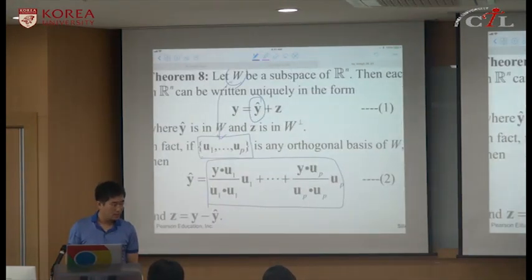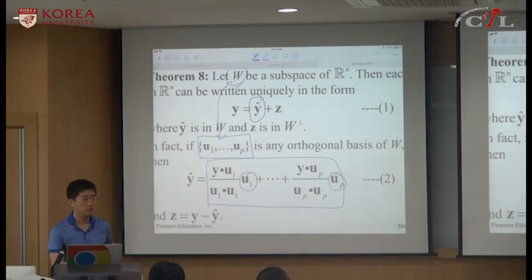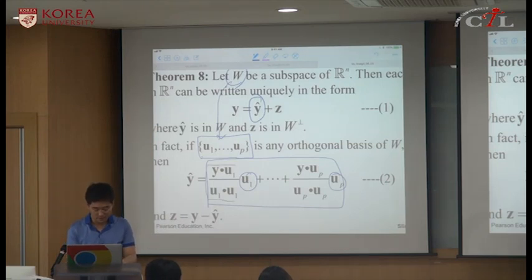So this y hat is basically, even though it looks quite complicated, a linear transformation of our basis vectors of the subspace, because we have those basis vectors u1 through up, and even though these terms look quite complicated, once we compute them, they are just scalars, right?